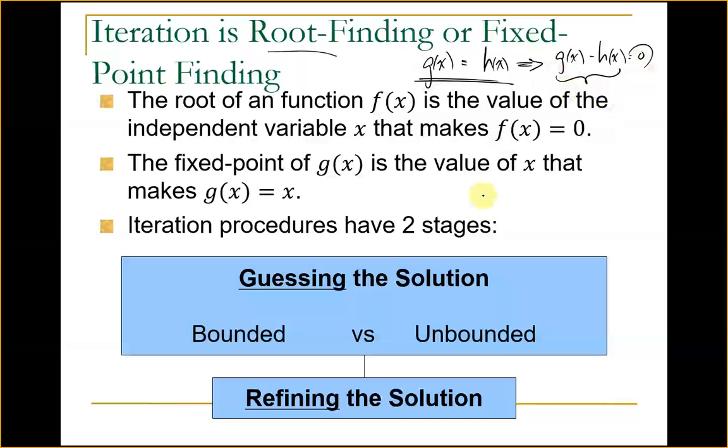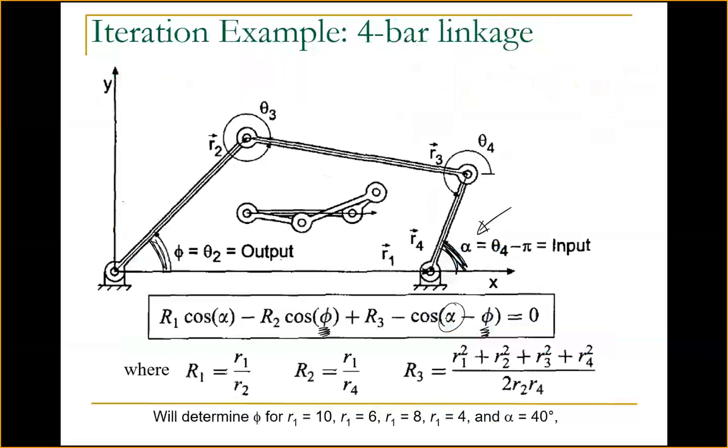Okay, fixed point finding is saying let us solve for one x in the system. For example, if I go back to the problem we just looked at, I could say I'm going to solve for alpha, or for one of the phi's. So let's say I'm going to solve for this one.